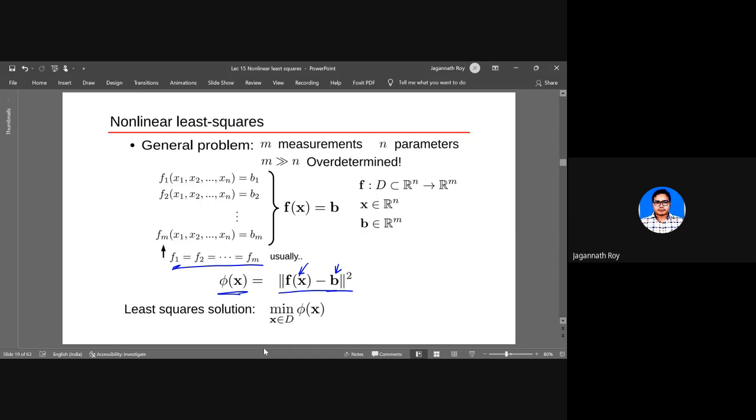So for this problem, it becomes this function F, which is f1, f2, up to fn of this form, which has n different functions. At each point we are evaluating, and x is x1, x2, up to xn. We'll have this equation.